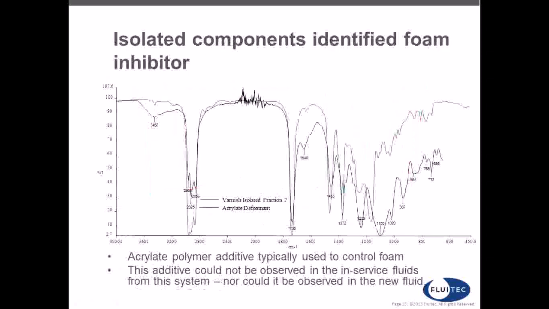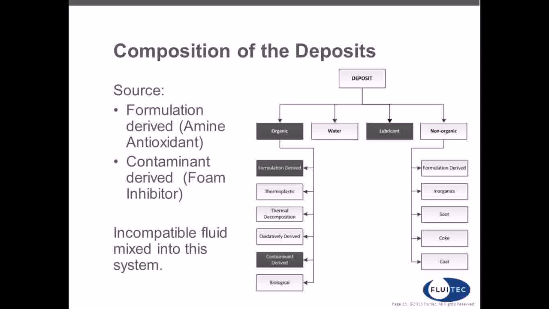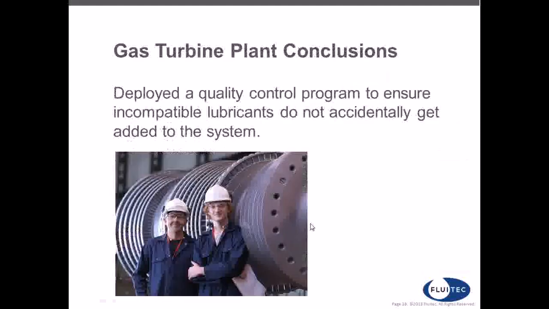Ultimately, when we pieced all of this together, we found some strong evidence of formulation-derived organic contaminants. This was the amine antioxidants. We found some foam inhibitor, so this would be a contaminant-derived organic constituent. And ultimately, what we found is that there was an incompatible fluid that was inadvertently put into the system.